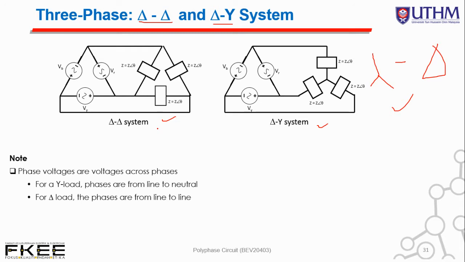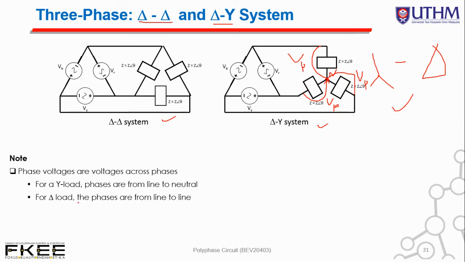Phase voltages are voltages across phases. For a Y load, phases are from line to neutral. For Y again, from this line to this point, the neutral, this is the phase. For the second line to the neutral point, this is another phase. Similarly, the third line to this point is the third phase voltage.